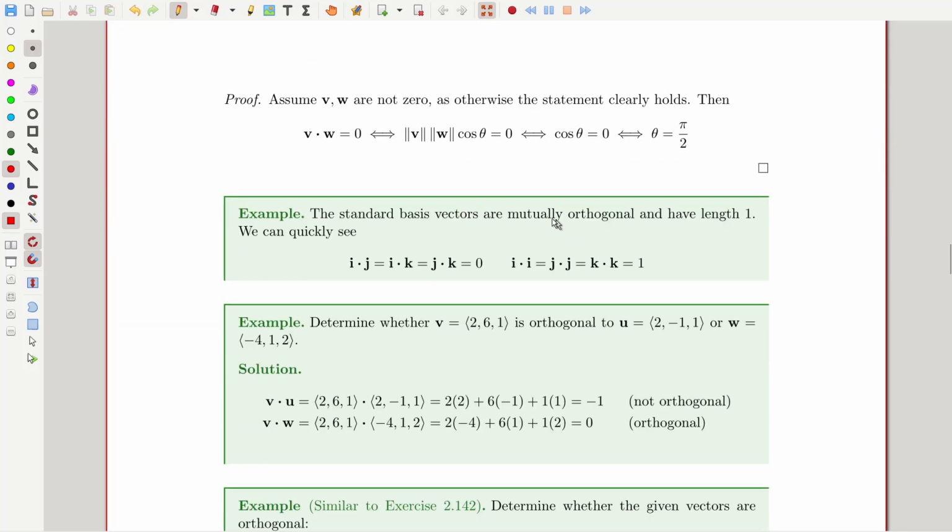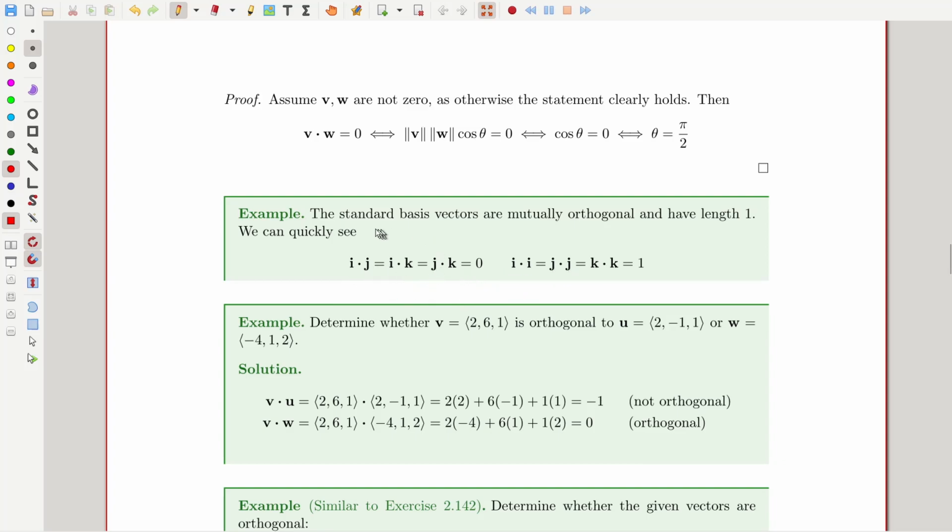Now let's go ahead and use this in some examples. So the first thing I wanted to show is that we can quickly form a sort of multiplication table for the standard basis vectors. I haven't written them as a table, I've written them in a different way, but this is effectively a multiplication table.